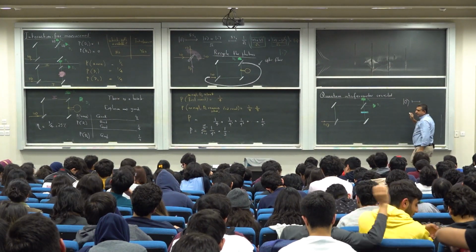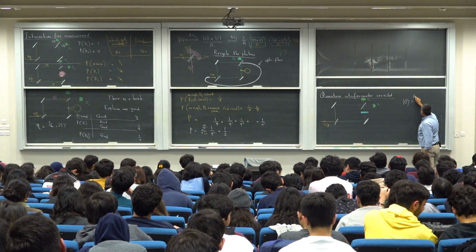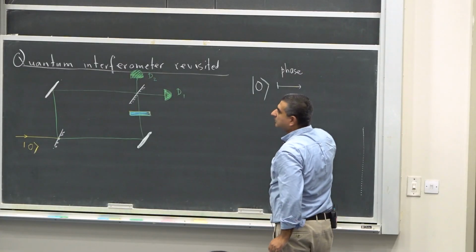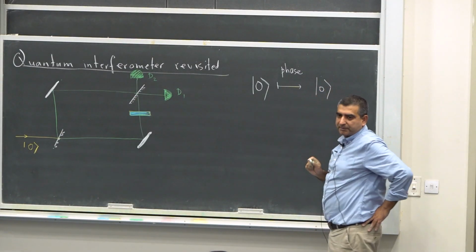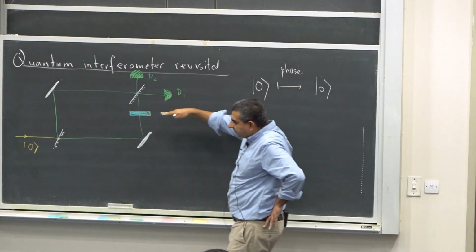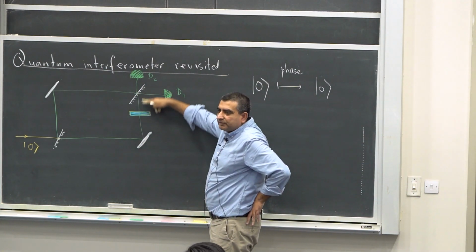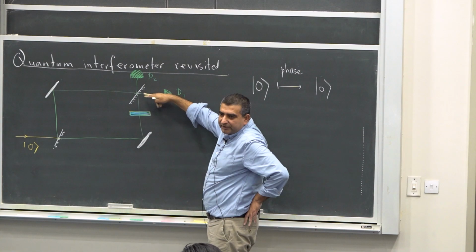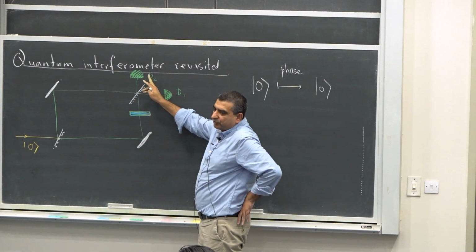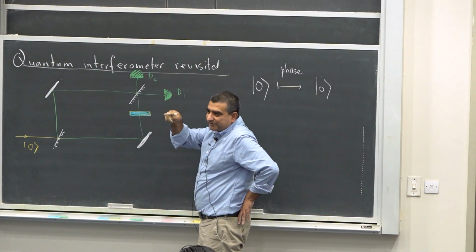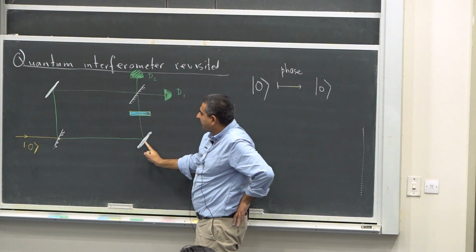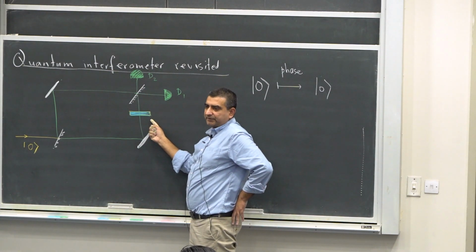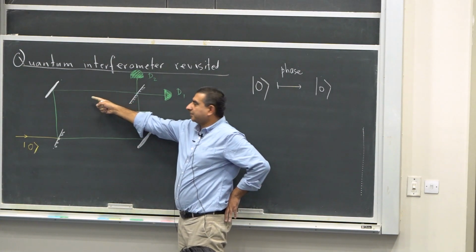Let's call it a phase plate. It does nothing to this quantum state because it's oriented in such a fashion that it only sees this arm of the interferometer. So only a vertically going photon, not a vertically polarized photon because we're talking just about the path, only a photon that is vertically propagating sees the glass plate. So it does nothing to this path.